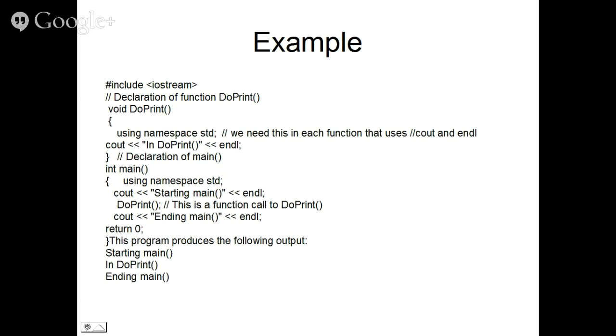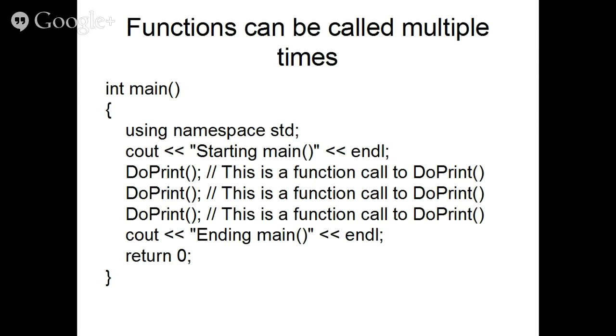Coming back to this slide. Now, functions can be called multiple times. That is another reason why functions are good and generally required for your program. If you wanted to display that statement multiple times, you could just give a call to doprint like this, and it will execute the statements defined in doprint again and again.